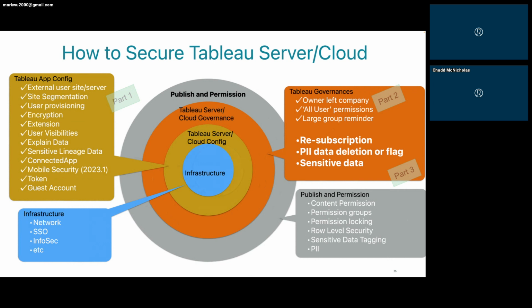Part 2, we talked about additional things that can be done as your server or cloud governance. Maybe a little bit challenging to do on cloud because you don't have the Postgres access. Today, we are talking about three more features to further enhance the server security: subscriptions, PII, and sensitive data.